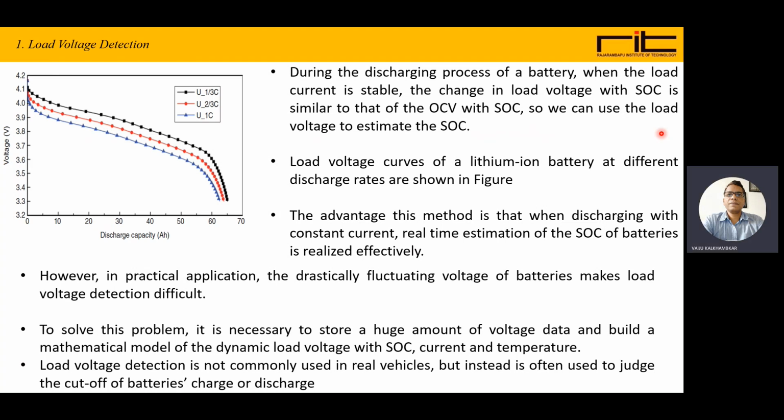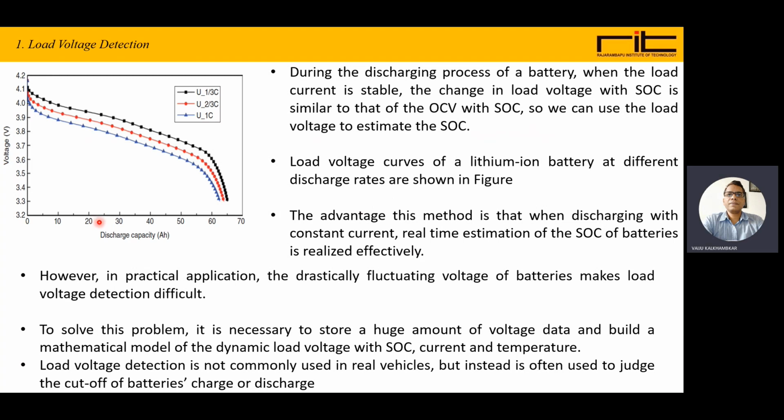So we can use the load voltage to estimate the state of charge. The load voltage curve of a lithium-ion battery at different discharge rates is shown in the figures.